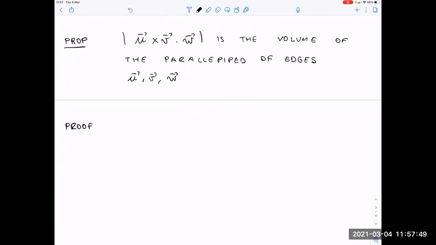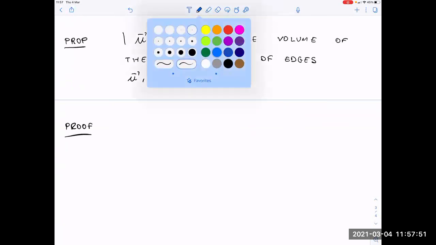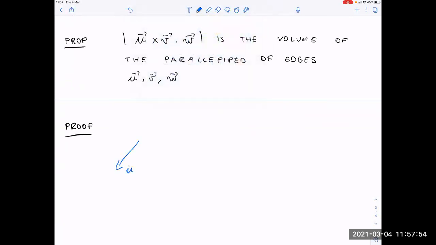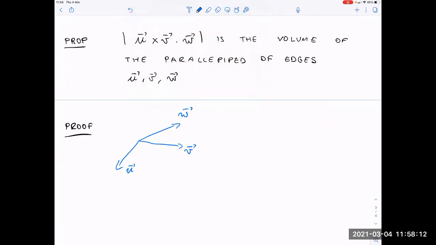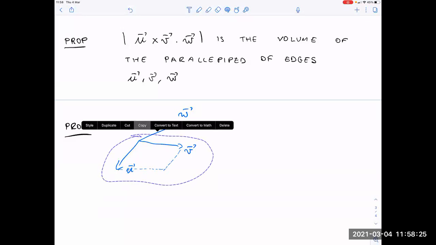Well, here is the meaning. You have your vectors. So here is U, then here is V, and then say maybe here is W. And then if you remember, here there is a parallelogram, right? Given by the first two. And now this parallelogram, you can slide up and down.